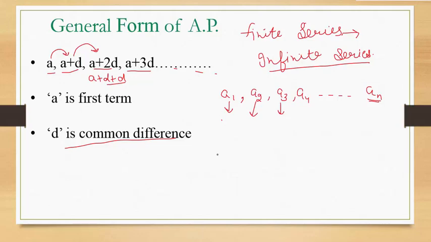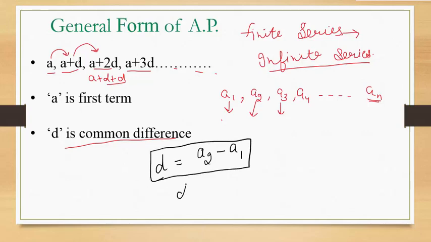The common difference is the difference between two consecutive terms, that is A2 minus A1. This is D, that is common difference, the difference between two consecutive terms.